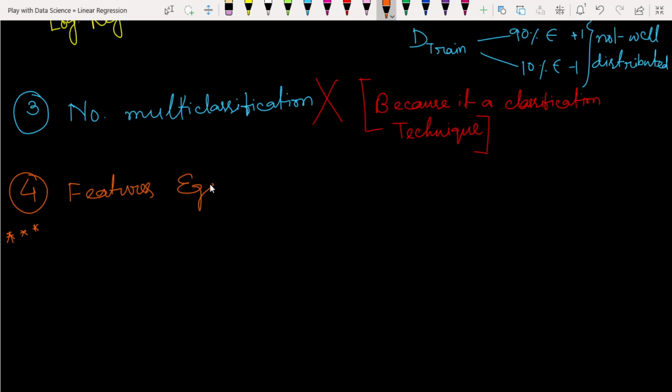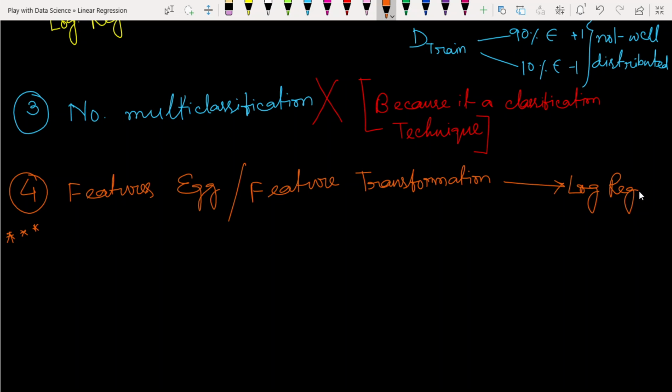Features engineering, or what many authors call features transformation, is most important. It is the same as in logistic regression.